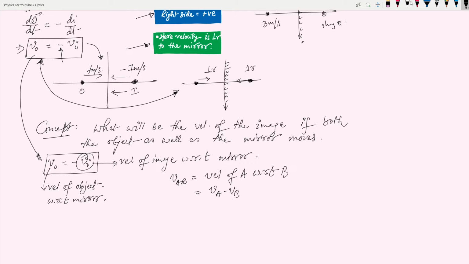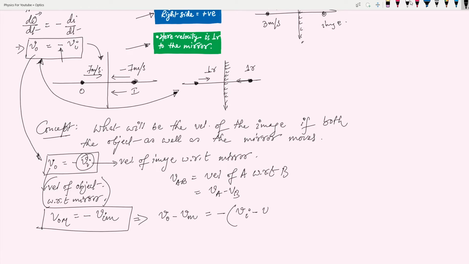Now VO is velocity of object with respect to mirror, so we can say that VOM is equal to minus VIM. Okay, this much is clear. Now we can transform this formula as VOM can be written as VO minus VM is equal to minus of VI minus VM. Simple as that.